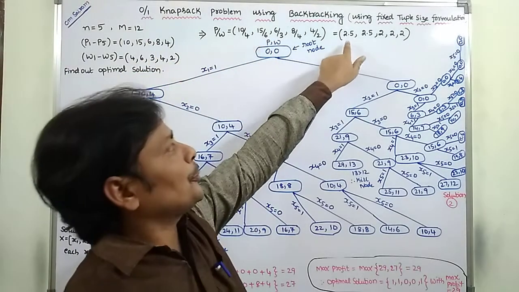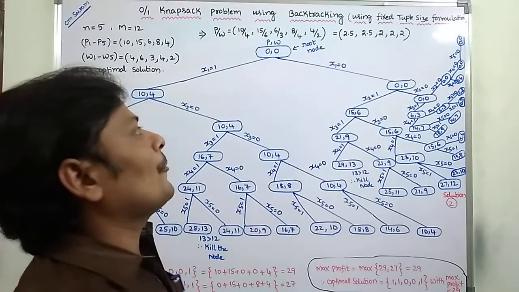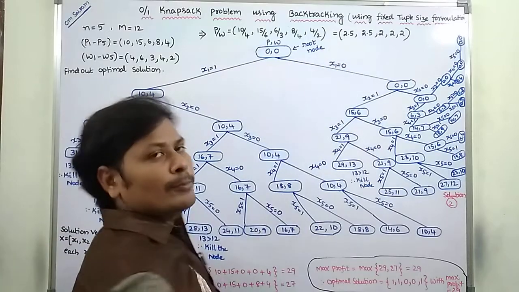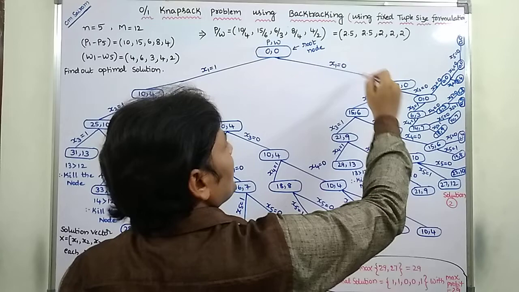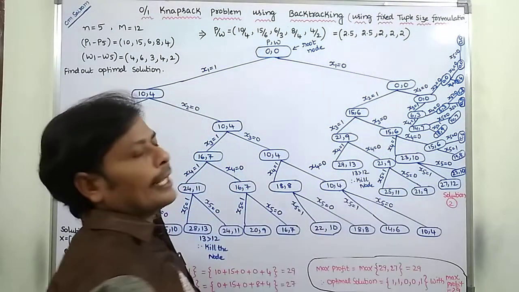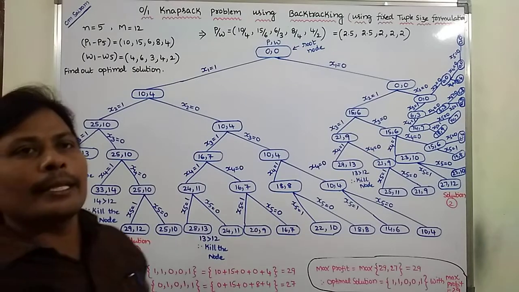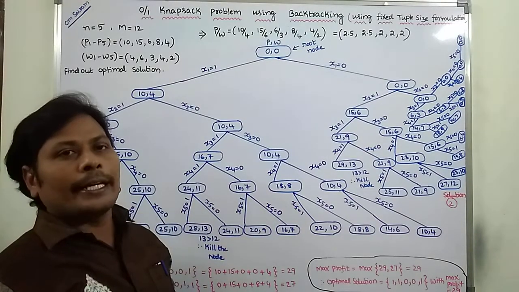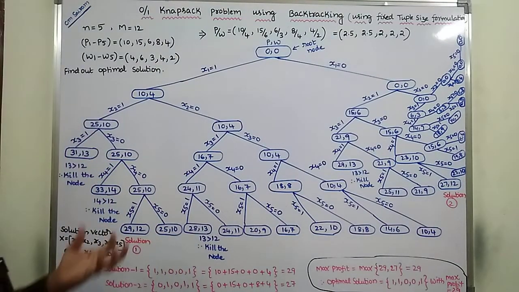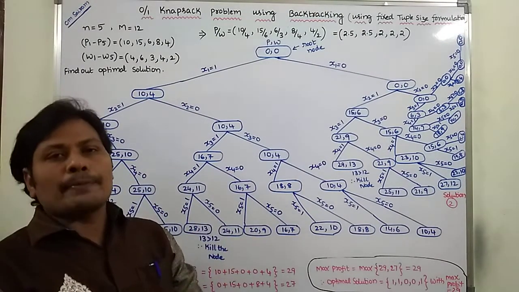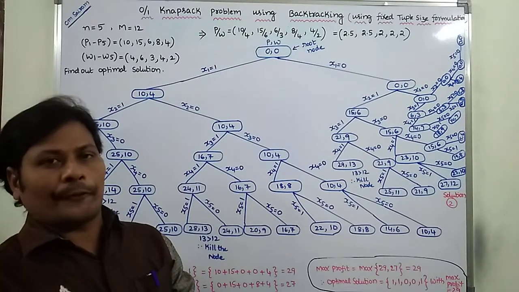That is 2.5, 2.5, 2, 2, 2. So first we place the first object into the knapsack, next the second object, the third object, the fourth object and then the fifth object to get the optimal solution for the given problem.